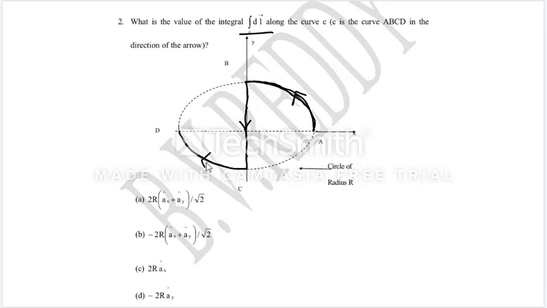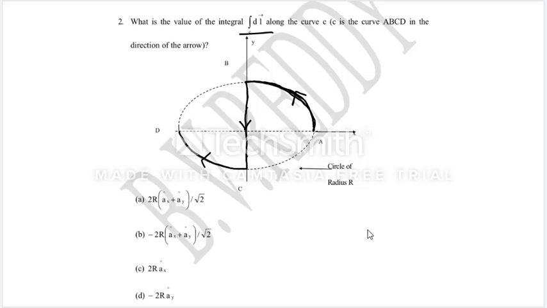This is the path they give, and we need to find the integral of dl along it. What should we do here? This also seems to be like a circular shape in some part.